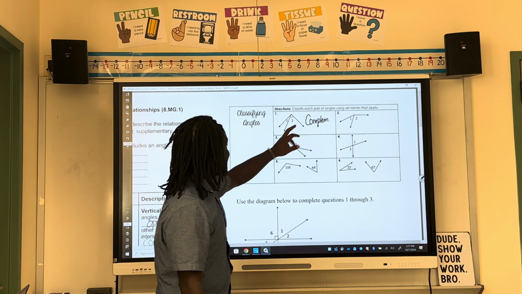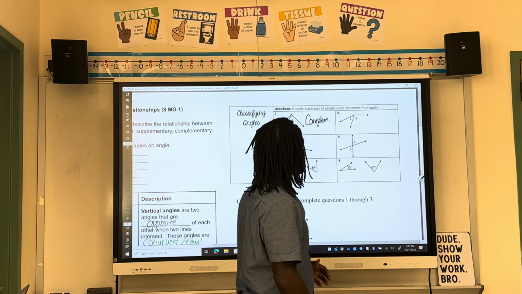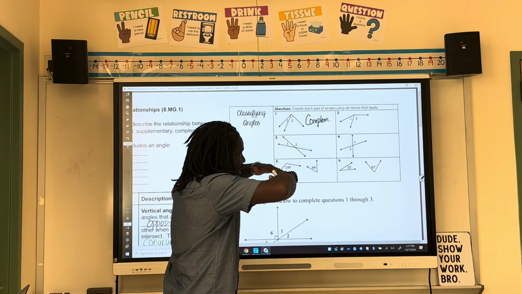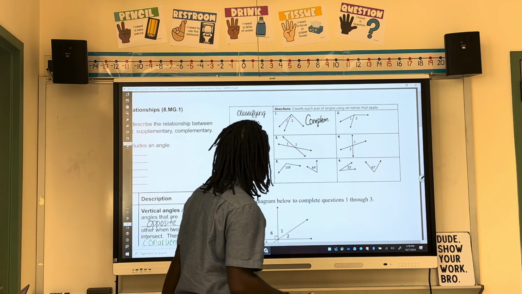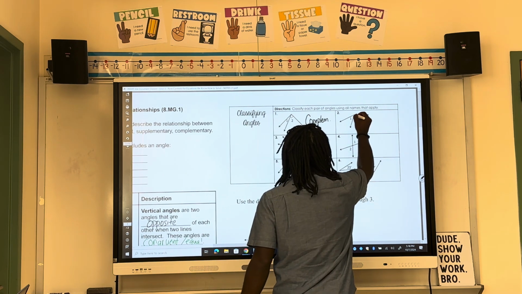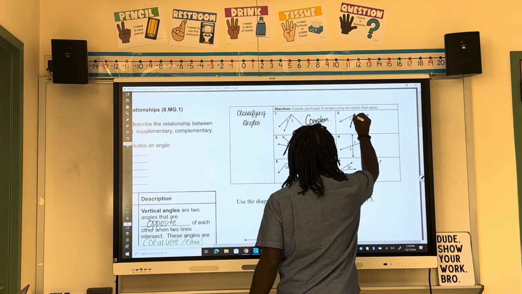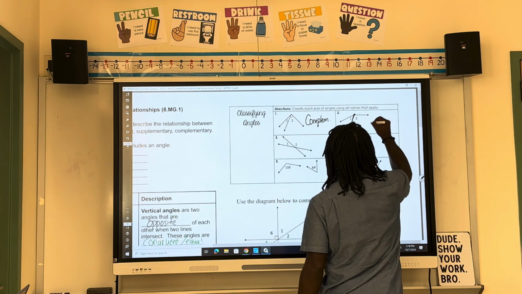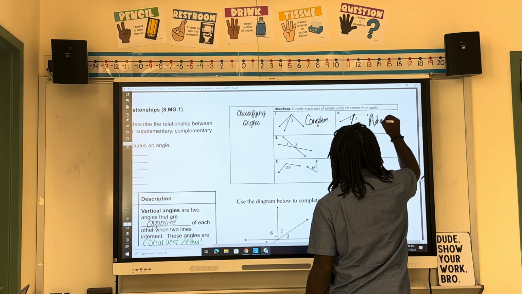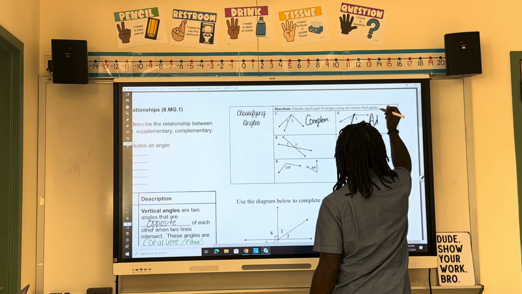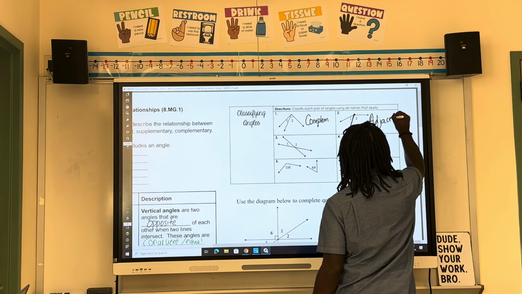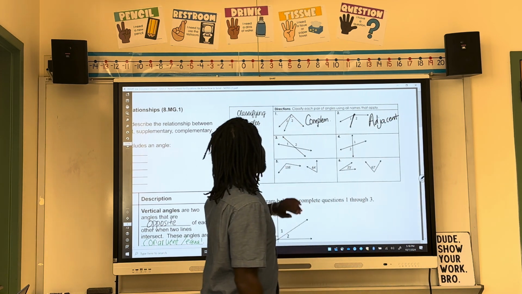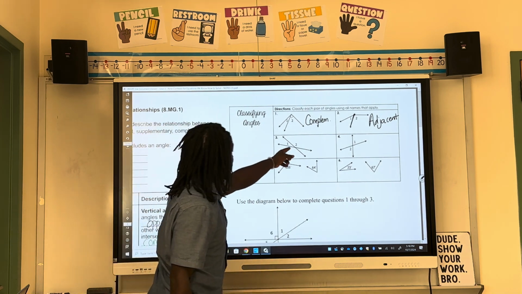Then in number two, we have two angles. Those angles don't make a straight line, so it's not supplementary. They're side by side, they share a common vertex and a common side, so those are adjacent. Next we have angle 1 and angle 2.